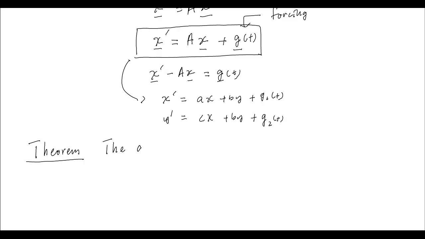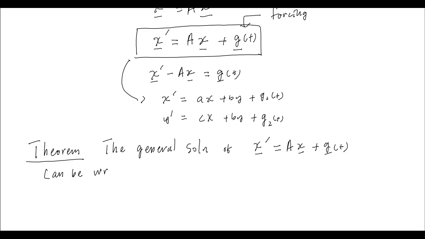The general solution of this non-homogeneous system of ODEs can be written as the sum of two solutions, right? xh and xp.